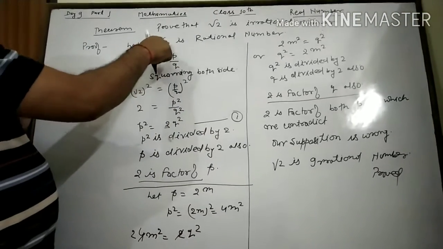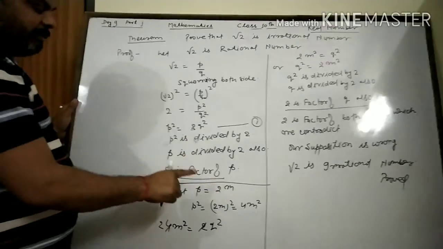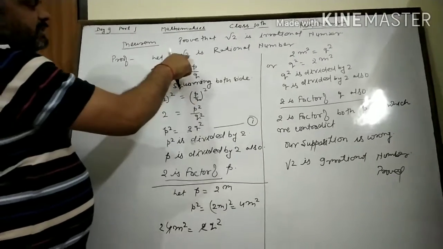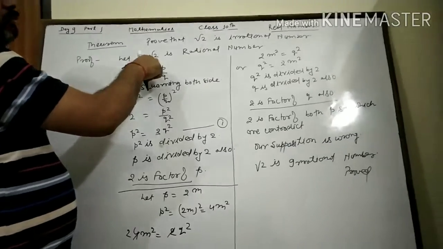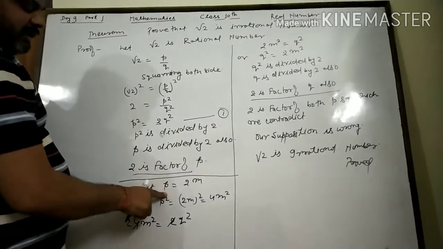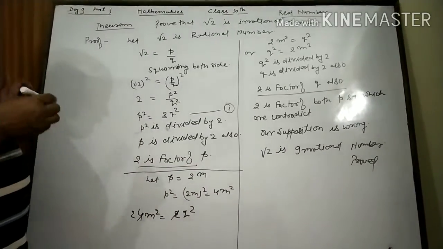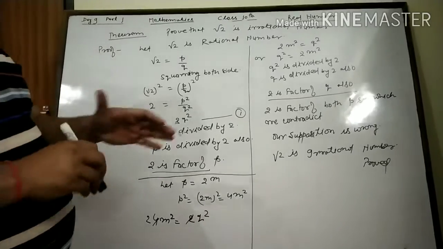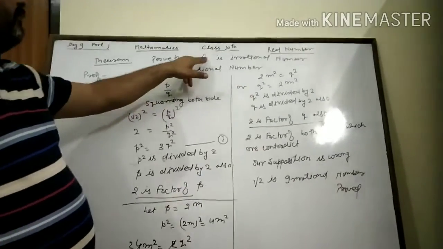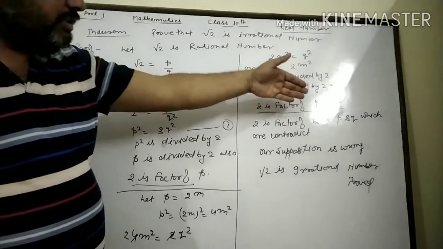If here it is 3, then you consider p is equal to 3m. In the same way, if here it is 7, it means prove that root 7 is an irrational number, then in the second part you consider p is equal to 7m. Clear? In this case, the HCF is given by this. Clear? And this is our supposition.